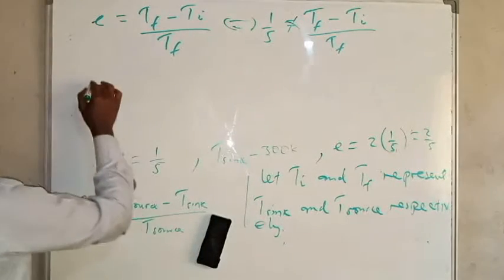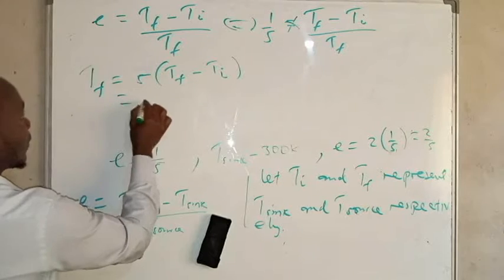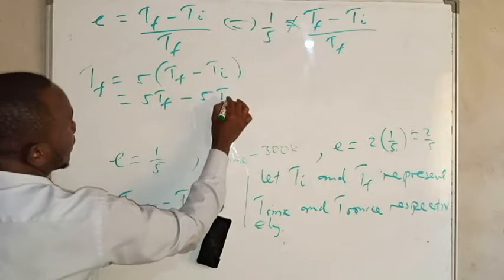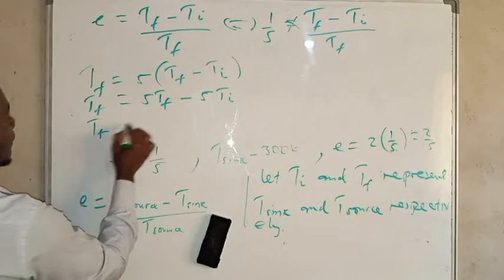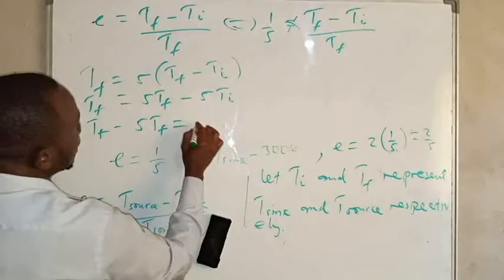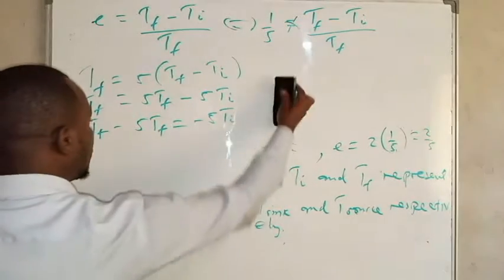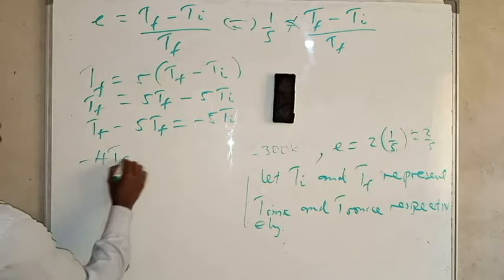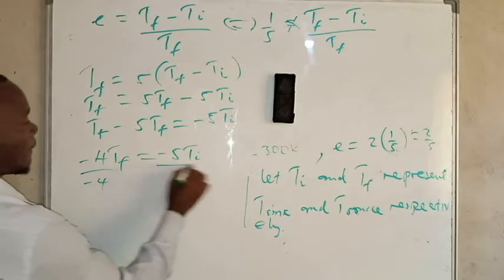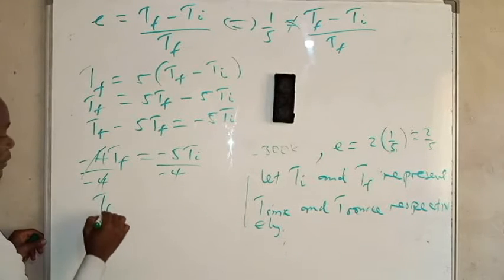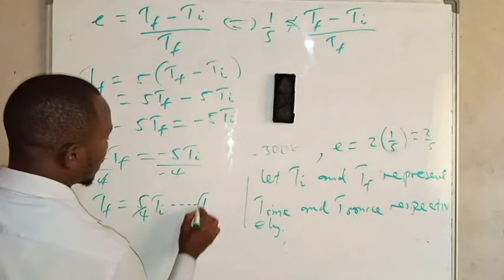What we're going to have is Tf equals 5 times Tf minus Ti, so 5Tf minus 5Ti. So Tf minus 5Tf is equal to negative 5Ti. So negative 4Tf is equal to negative 5Ti. Dividing by negative 4, the negatives cancel, and we're going to have Tf is 5 over 4 Ti. Let us call this equation 1.